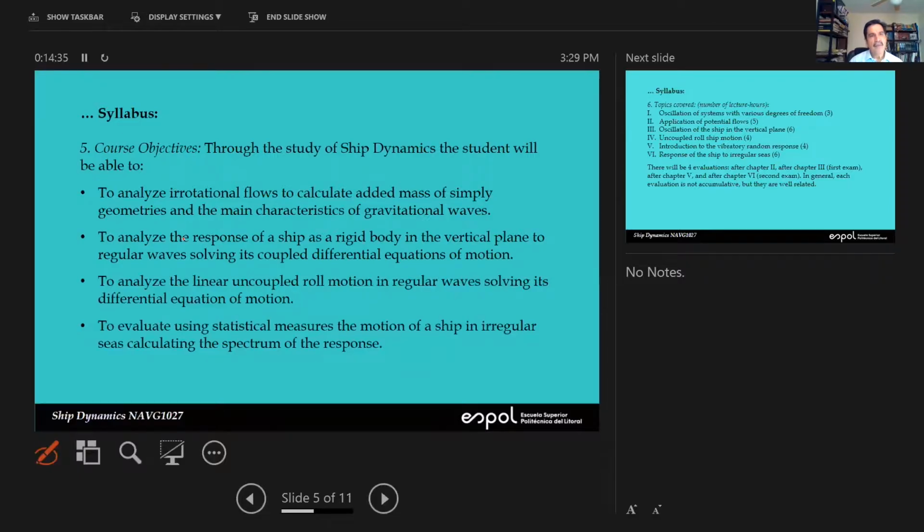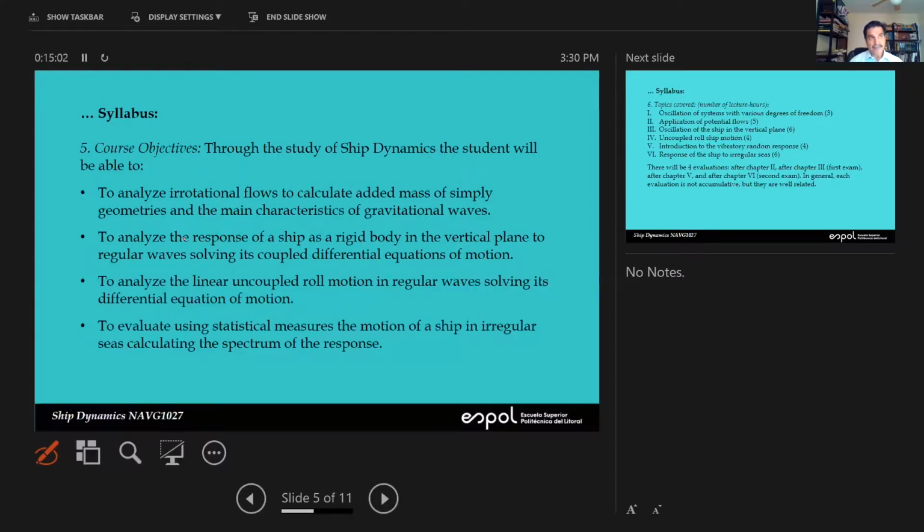And finally, we want you to calculate the response of a ship, but in irregular seas, okay? To do that, we're going to use some statistical measures, for example, the concept of RMS. Remember RMS from statistics?